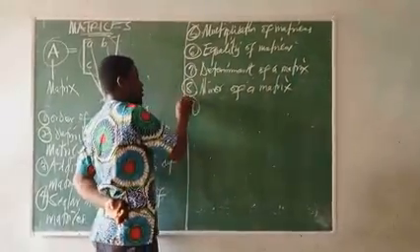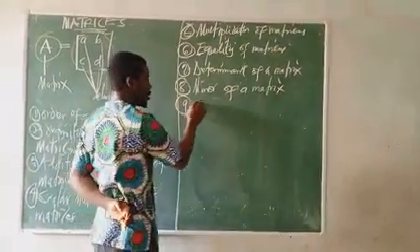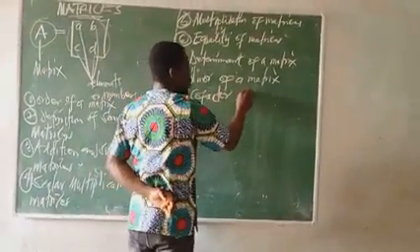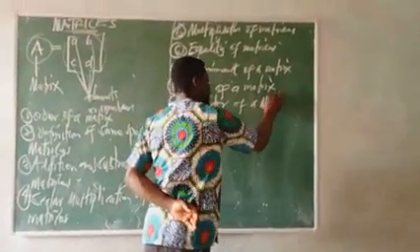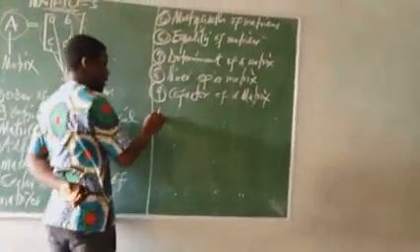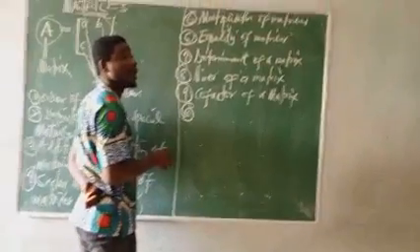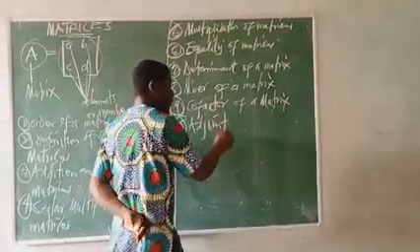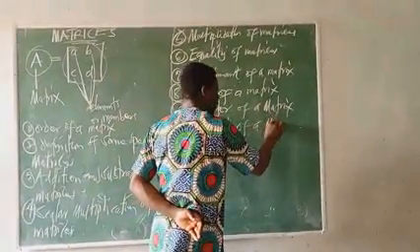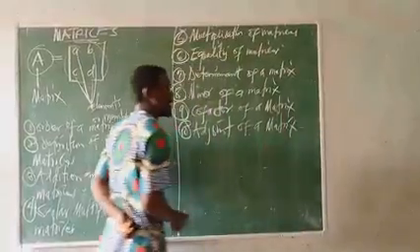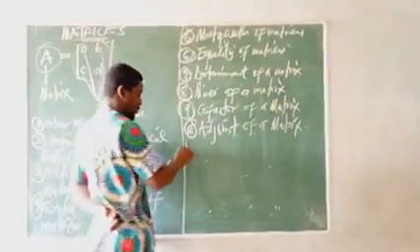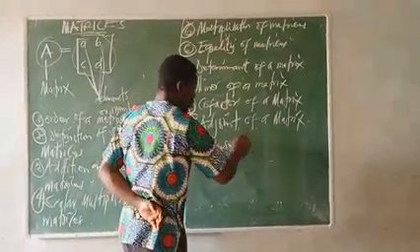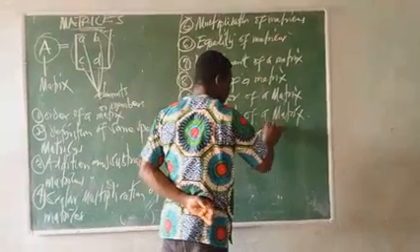Then we look at cofactor of a matrix. Then adjoint of a matrix. And then from here, we look at inverse of a matrix.